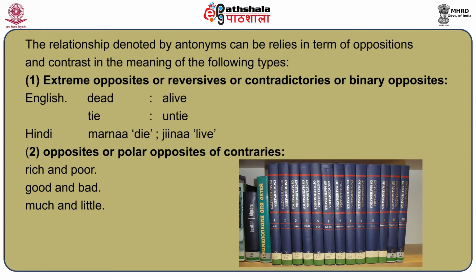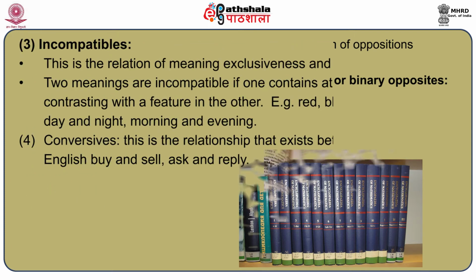There is possibility of variability in terms of degrees between the opposites. Between cold and hot, there are cool and warm. Good and bad can be judged from the degrees of goodness and badness. In other words, these opposites allow gradation. Rich and poor may be judged from the degree of richness and poverty.